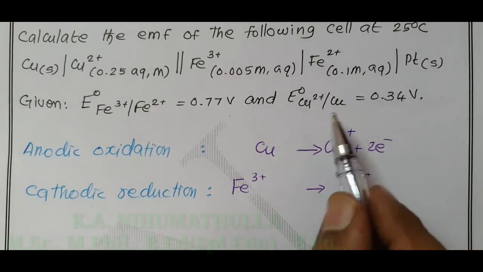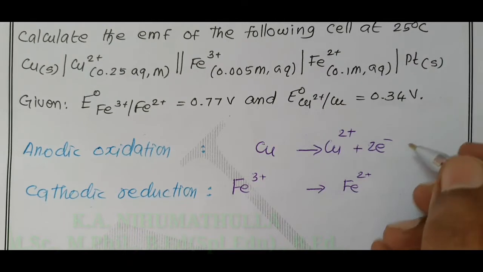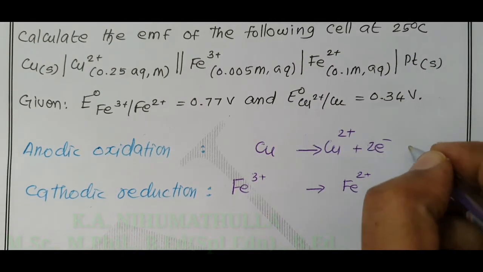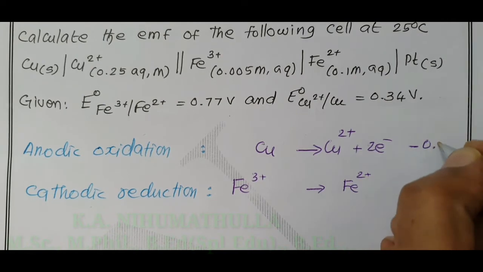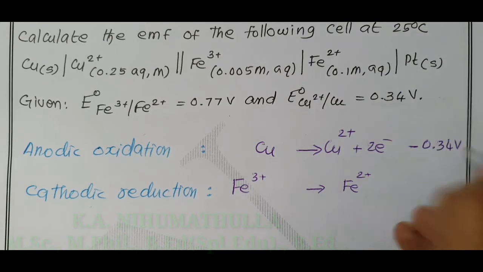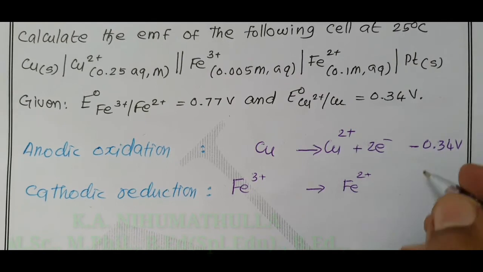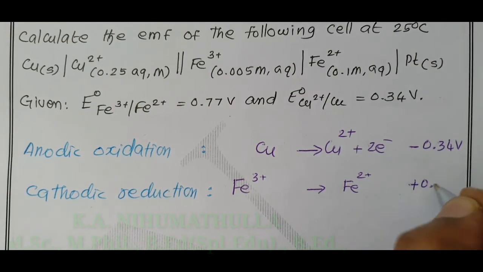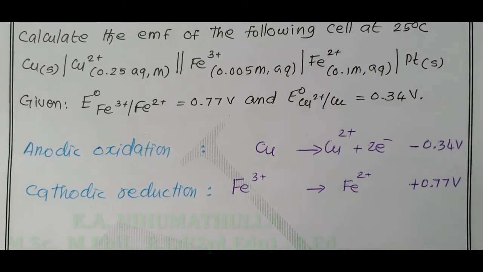For copper, the reduction potential is given, but it undergoes oxidation, therefore the sign is changed: minus 0.34 volt. For Fe3+ to Fe2+, there is no change in the electrode potential: plus 0.77 volt.